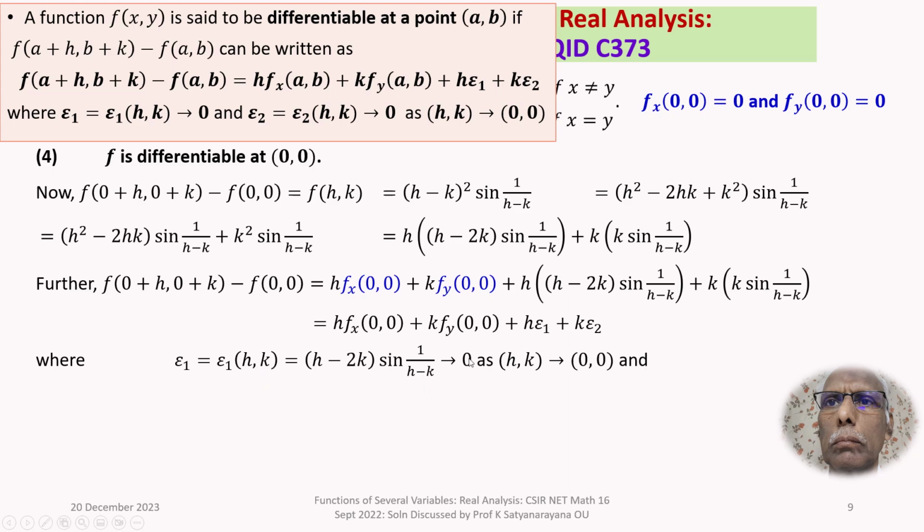And this will tend to 0 because as h comma k tends to 0, h minus 2k tends to 0, and sine of 1 by h minus k is a bounded function. Therefore, this tends to 0 as h comma k tends to 0 comma 0. Also epsilon 2 is k times sine of 1 by h minus k, which is a function of h comma k, and will tend to 0 as h comma k tends to 0 comma 0 because k tends to 0 and sine of 1 by h minus k is a bounded function.